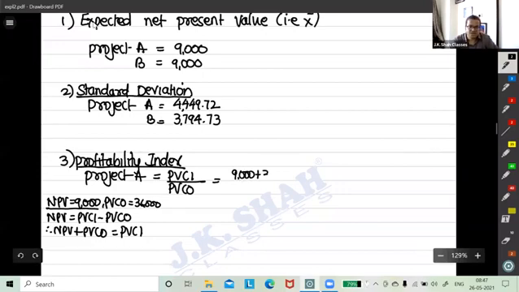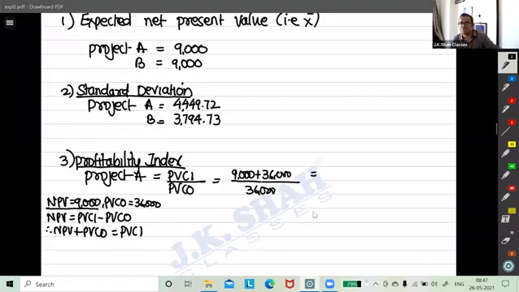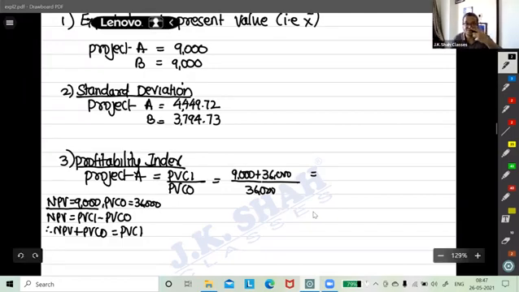So our PVCI is NPV, 9,000, plus 36,000, divided by 36,000. My only concern when I write like this is that maths experts should not get activated and cancel that 36,000, 36,000. First add.